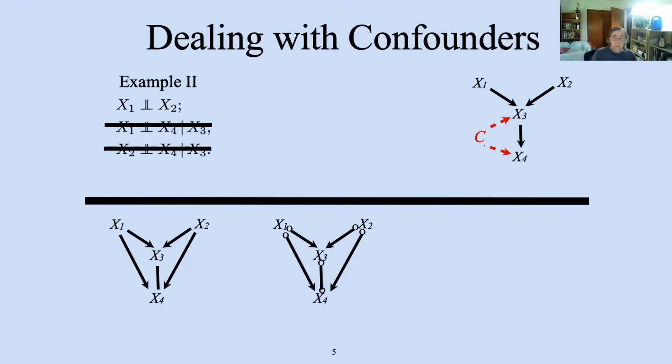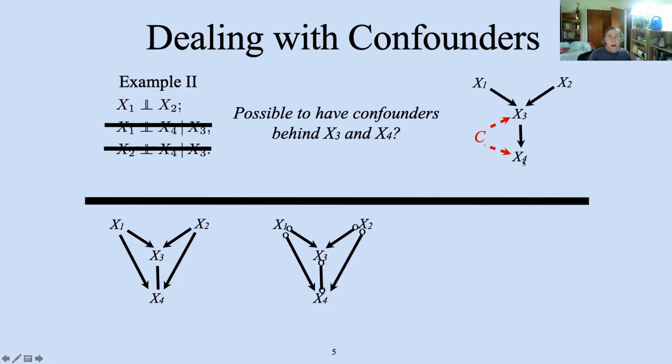That would be because x1 is d-connected to x4, conditional on x3, by the path that goes from x4 to x1 to x3 to c to x4. So we no longer have those conditional independencies. The original set of conditional independencies is simply not compatible with any unmeasured confounding of x3 and x4.